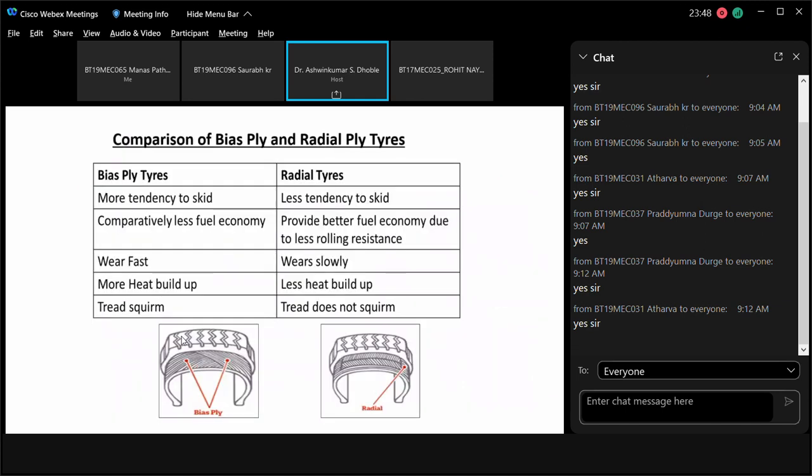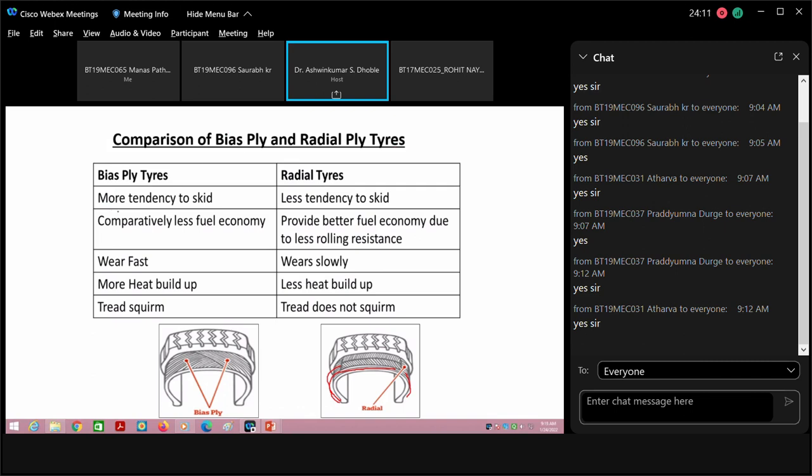So this is basically the idea. Now if you observe this, these are the plies which are radially located inside this tire. Now there is a distinction between this. The comparison of bias ply and radial ply tires.